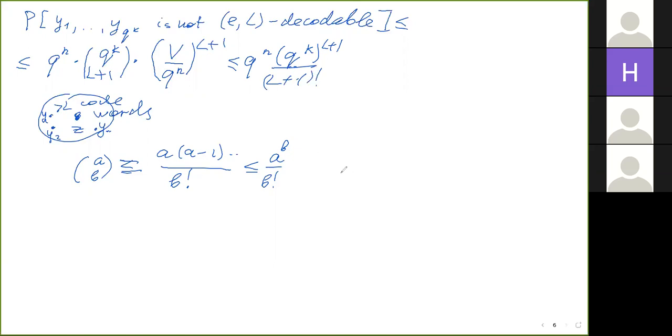And actually for L+1 factorial, we need a simple lower bound, which is 2 to the L. So we have here L+1 factors, and each of them, except the first one, is at least 2. And now the last term here is V over q to the n raised to the L+1.